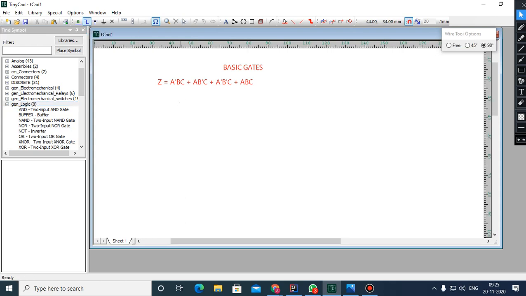So first of all, this line here. Why am I drawing these three lines? Because there are three literals A, B, C. Got it?